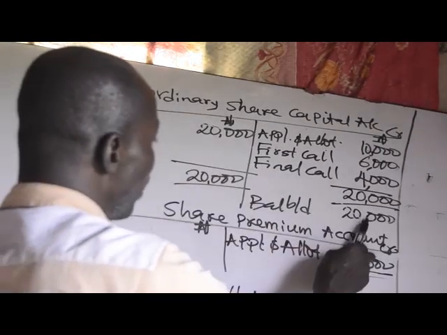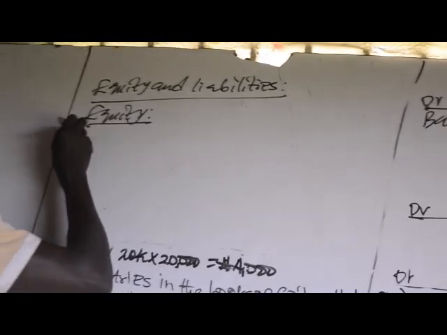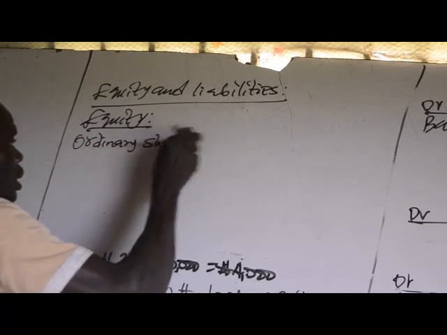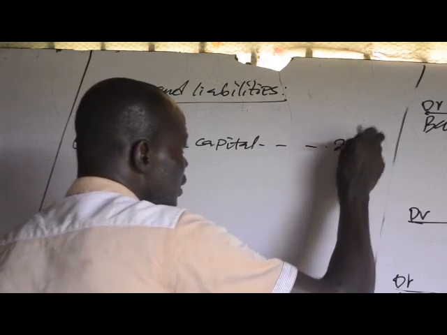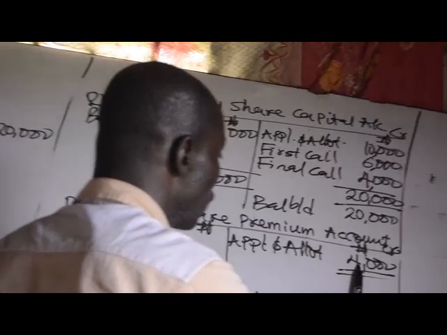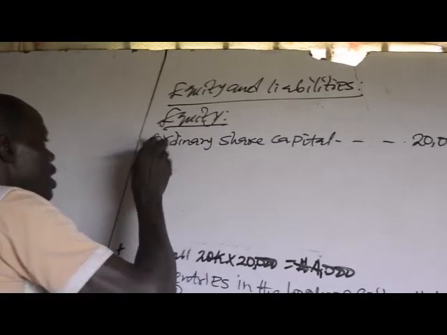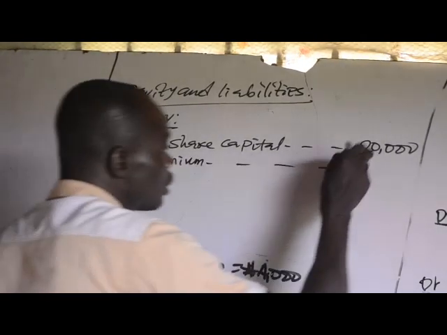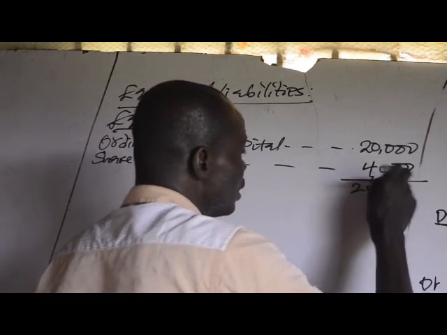The balance is 20,000. Ordinary share capital of 20,000. Then we also have share premium of 4,000. So the total equity is 24,000.